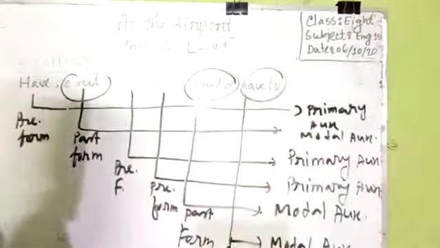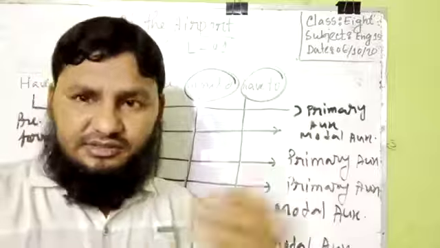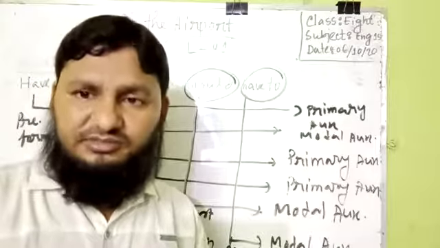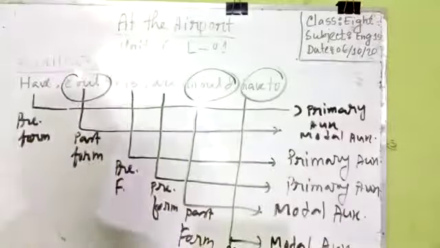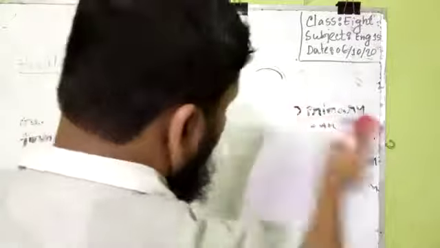Okay, now I shall remove this writing for your convenience, and I shall do another item of grammar from this passage. For doing this I have to remove this writing and you will have to mark some other words. I shall tell you which words you will mark.